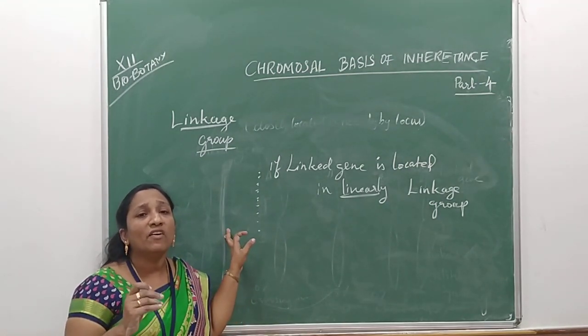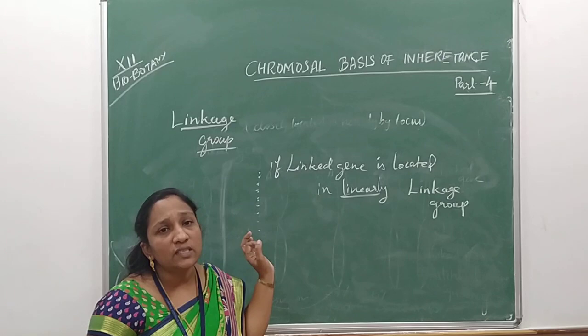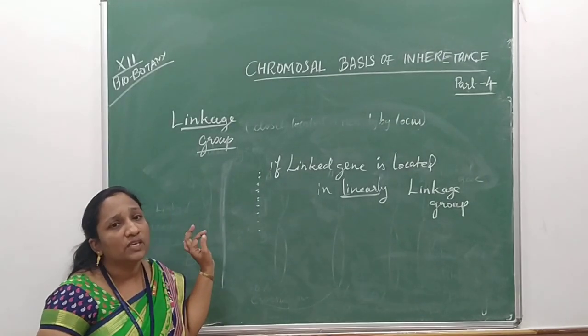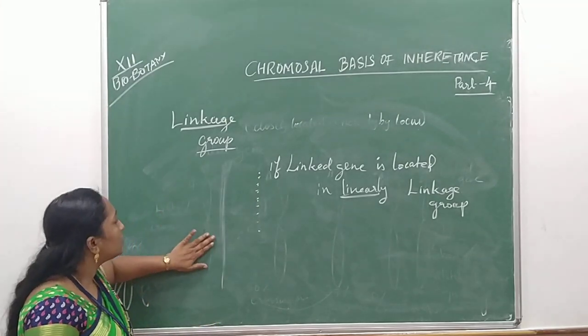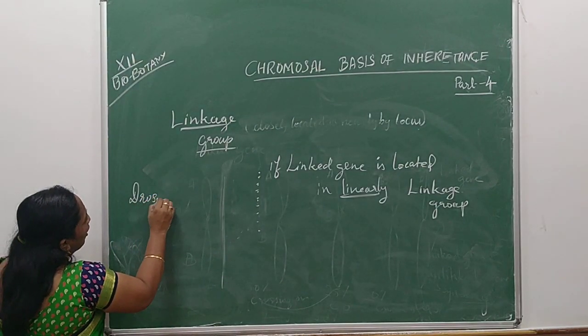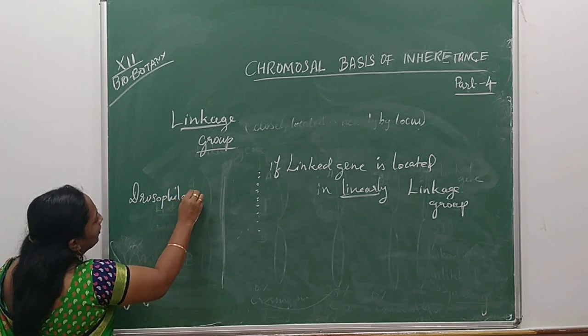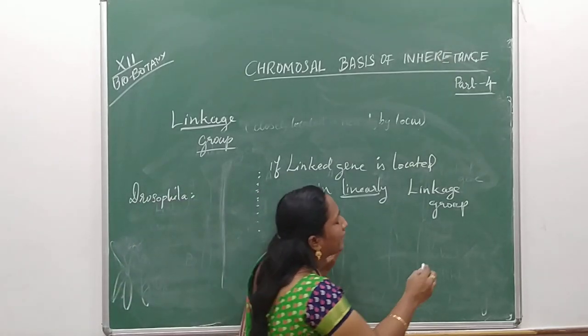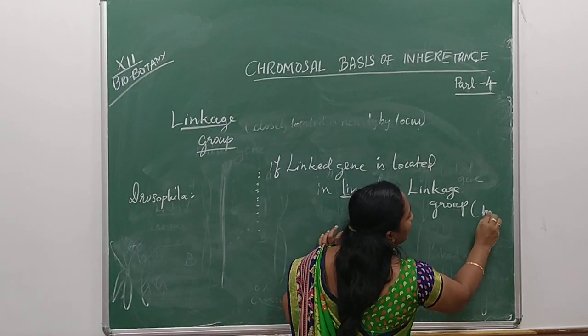Mostly, it is in the form of haploid number in the homologous chromosome. Let us learn some examples of linkage groups. First one, Drosophila. The linkage group is in the haploid condition. What is haploid?